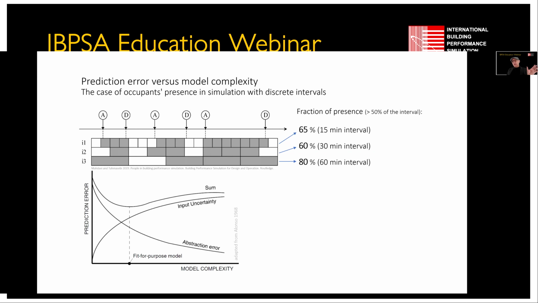There are some suggestions conceptually that we should think about these two aspects, namely the resolution or complexity of the model, and the errors that we expect in terms of prediction, in a nonlinear way.